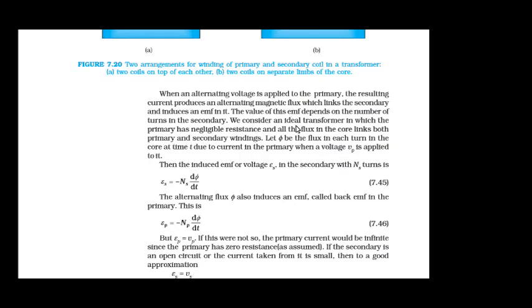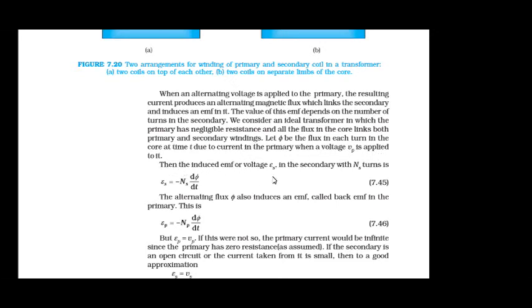Consider an ideal transformer in which the primary has negligible resistance and all the flux in the core links both primary and secondary windings, and phi is the flux in each turn in the core at time t due to the current in the primary when a voltage V_P is applied to it.